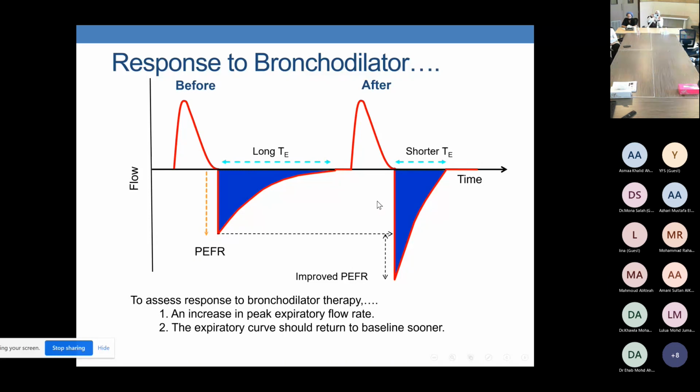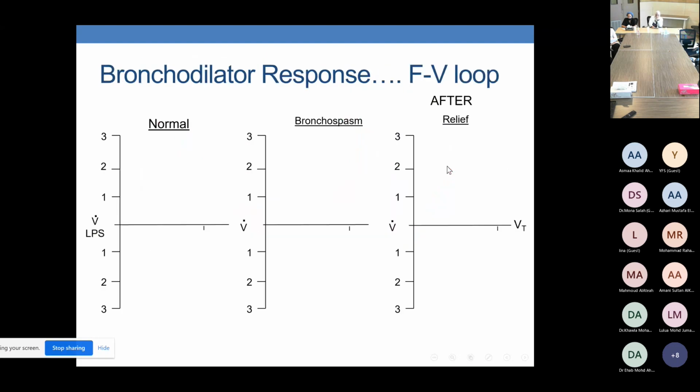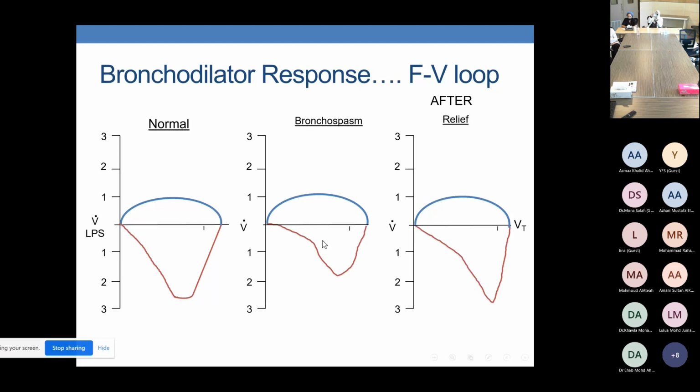Once you give the bronchodilator, the peak expiratory flow will be sharp, will be higher, and the expiration will reach 0 easily without any problems. So here is normal, here is when there is a bronchospasm, and this is after giving the bronchodilator.